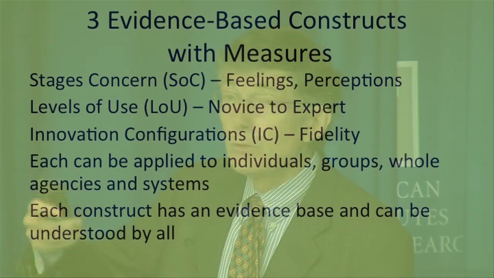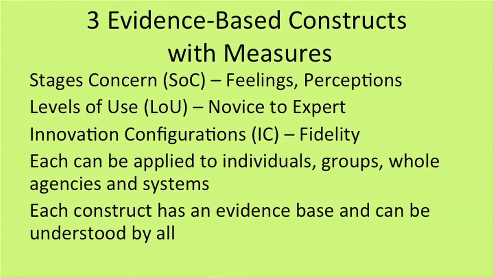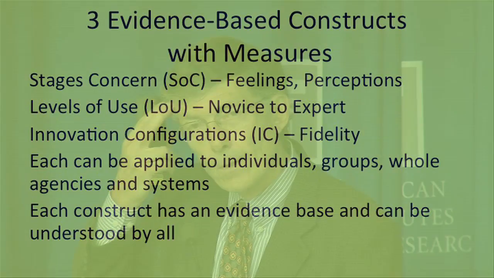So my illustration for this, to continue this metaphor, would be to suggest that we can use these 3 ideas. One being stages of concern, which deals with the feelings and perceptions that are out there with regard to a change. Another would be levels of use, which is an operationally defined construct that ranges from non-use to being a novice to being an expert with whatever the change may be. And then the third is innovation specific.